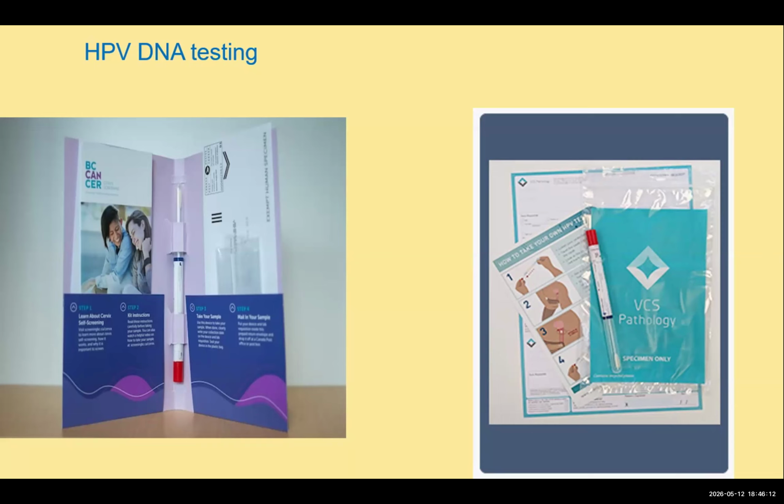With the advantages of HPV DNA testing, the samples can be collected by a trained professional in some cases, or it can be collected by the patient themselves. The trained professional usually swabs the cervix, and the patient usually swabs the vaginal vault. So it is higher in sensitivity compared to the pap smear and is more effective in women 30 years or older.